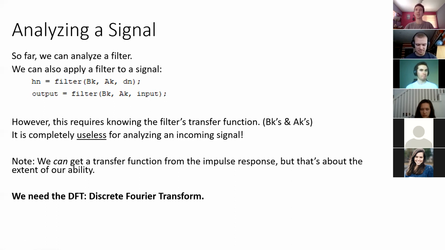But if you have some other stuff going through it, you can't really get that transfer function very easily. So to analyze stuff, we need the DFT, which is the Discrete Fourier Transform.